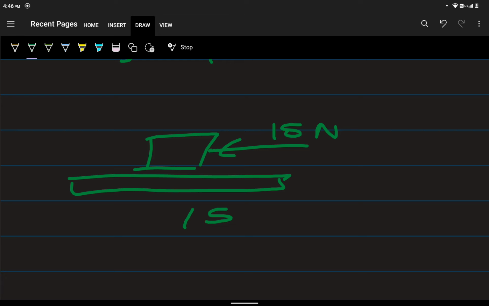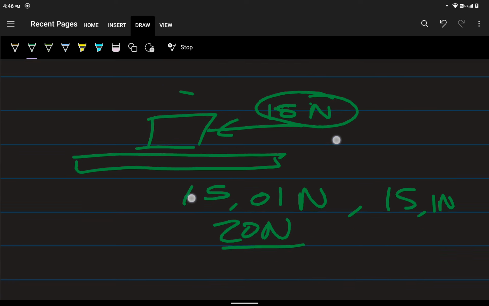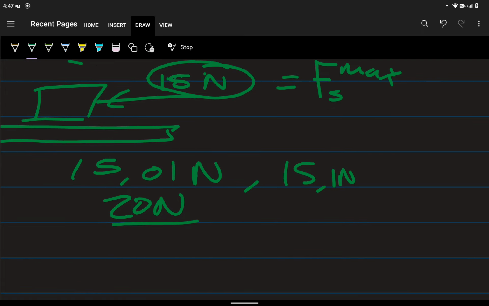If this person applies a force of 15.01 newtons or 15.1 newtons or 20 newtons, as long as it is above this, and it causes the object to start to move, it means that 15 newtons is equal to the magnitude of the maximum static frictional force. So this is Fs max. Okay, so if they apply any force that is higher than this, the object will start to move.